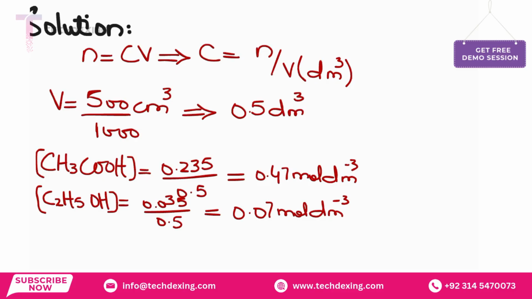In the same way, you have the ethyl ethanoate, CH3COOC2H5. The number of moles of this one is 0.182.